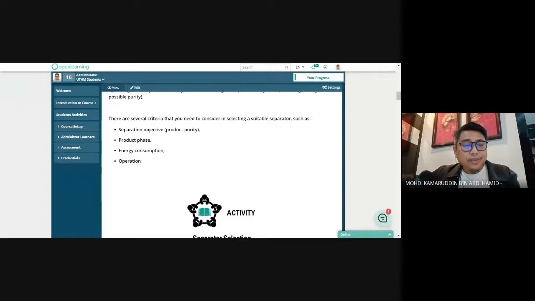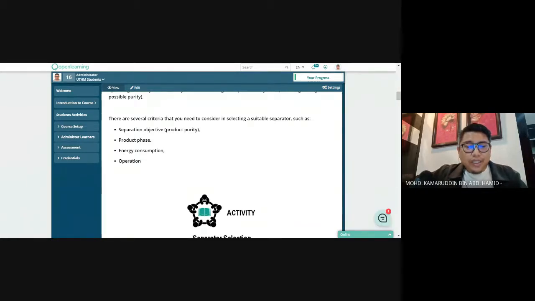Product phase, look at the phase that you want to have your product is. Fasa gas, fasa liquid. And from that, baru you boleh select daripada 1 ke 7 tu, which one is suitable. Alright? So the first 2 is compulsory. It's a must for you to look at. Then go to the energy consumption and the operation.